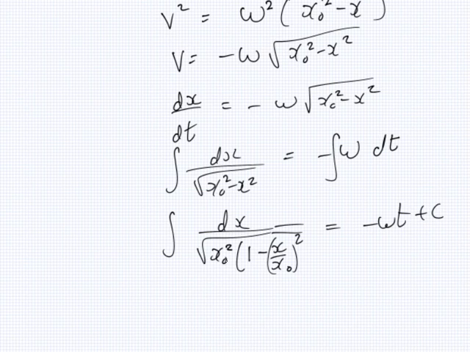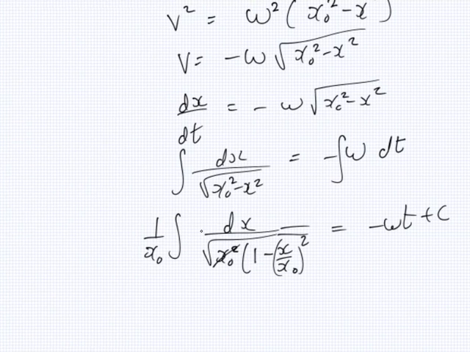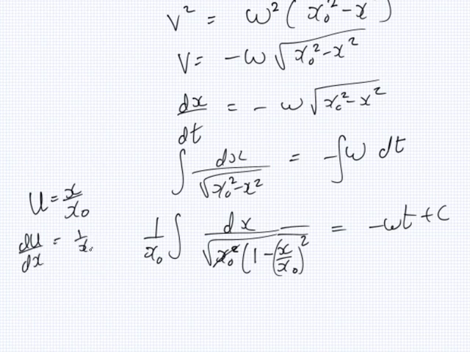Now, if I take the x0 out here, what's the square root of x0 squared? It's x0. This kind of looks like something we've done. If I use substitution, let u equal x over x0, then du dx equals 1 over x0, so dx equals x0 du.